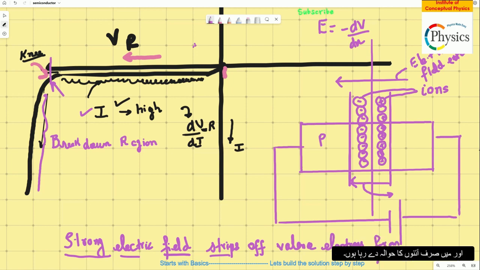And I'm just referring to the ions which are there in the depletion layer, right?